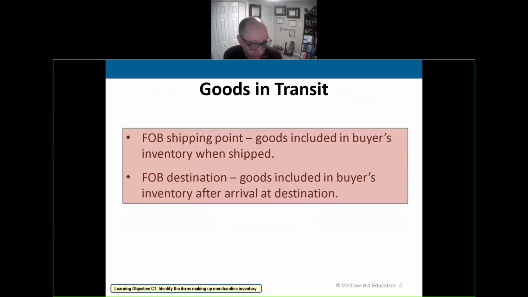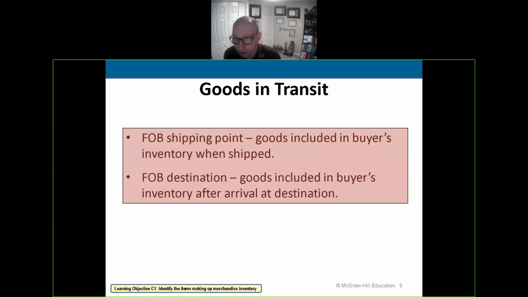Goods in transit. We've talked briefly about this already. Free on board shipping point means that the buyer is responsible for the goods while they are in transit to the buyer. That also means that the buyer pays for the shipping cost. Typically, they just add it to their cost of goods, to their inventory value.